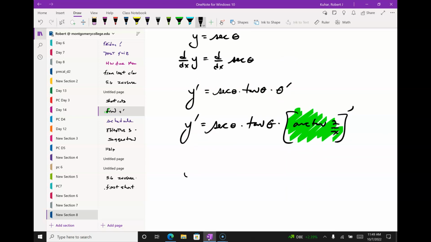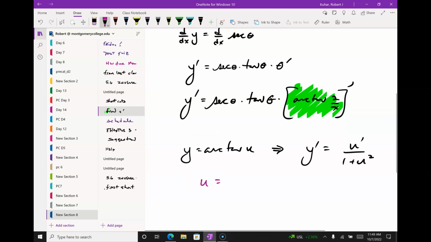I have in my notes y equals the arctan of u gives me y prime is u prime over 1 plus u squared. So all I have to do is identify u, which is what? 2 over x. I have to find the derivative, which is what? Should be quick. Negative 2 over x squared. That should be quick. You should know that 1 over x derivative.